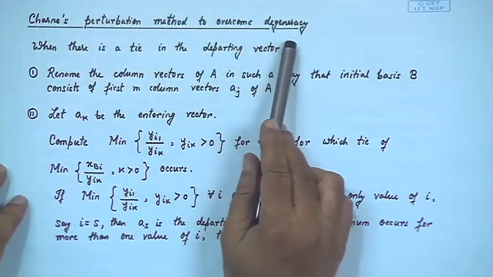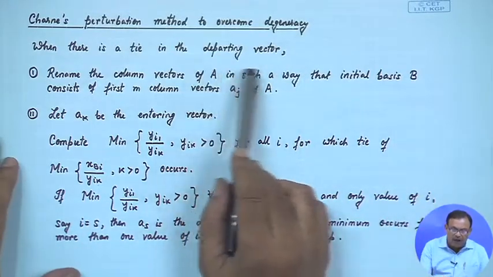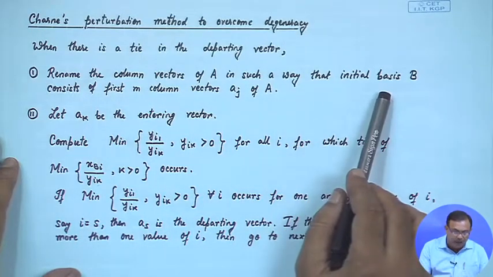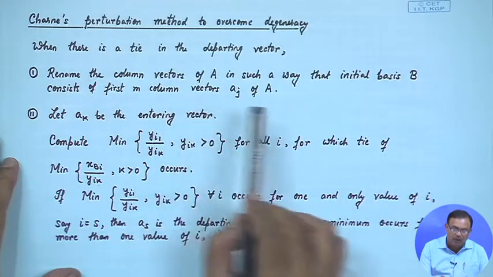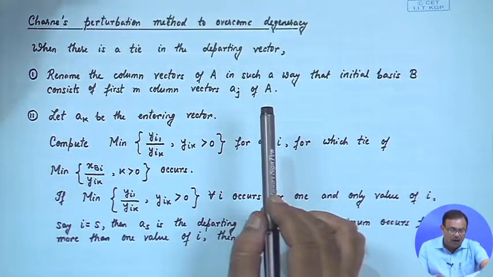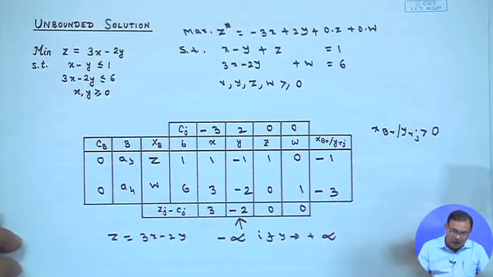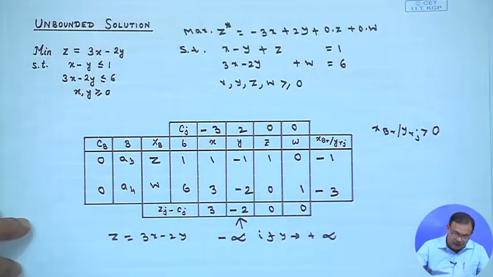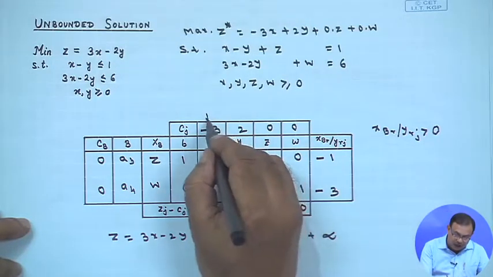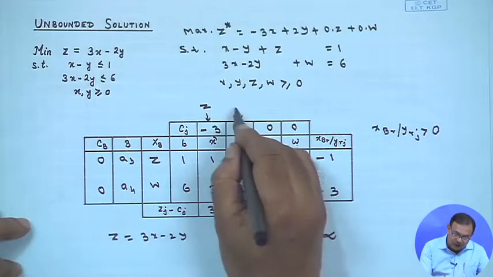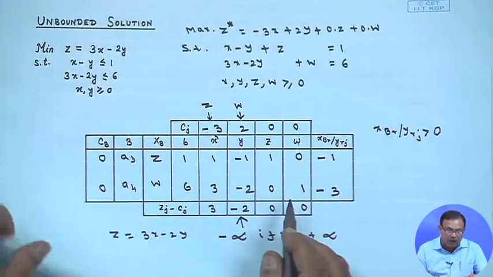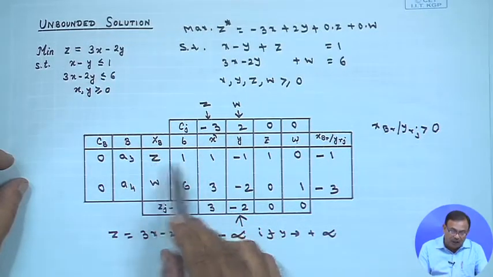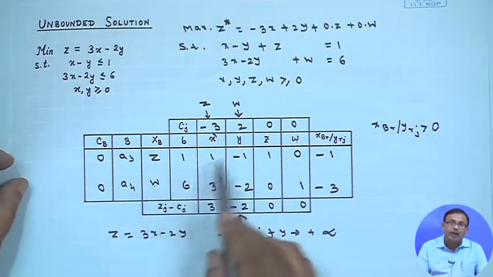Charnes perturbation method to overcome degeneracy. When there is a tie in the departing vector, number 1, rename the column vectors of A in such a way that the initial basis B consists of the first m columns of vectors Aj of A. In other words, here your basic variables are Z and W. So, you consider the first column as Z and this one as W. Basically, we are saying that whenever there is a tie, you consider the first column as the first element of the basis and the second column as the second element of the basis.